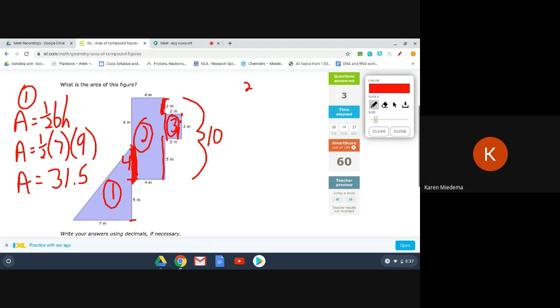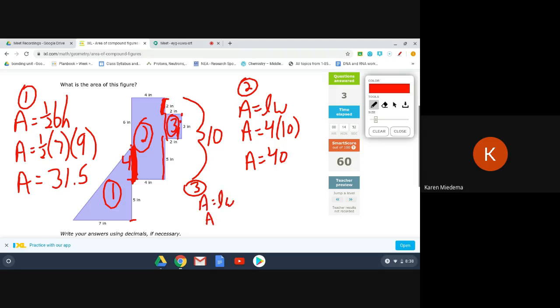For my second rectangle, length times width, my length is 4, my width as calculated before was 10, 40, and for my third one, well, that's that small piece, that's just 2 by 3. 2 times 3 gives me 6.